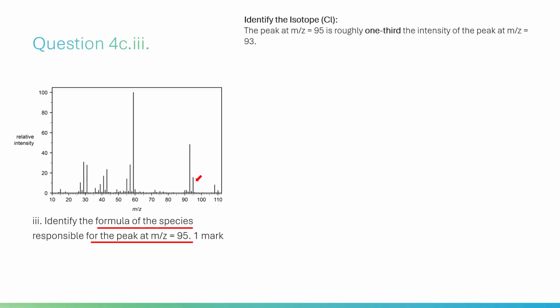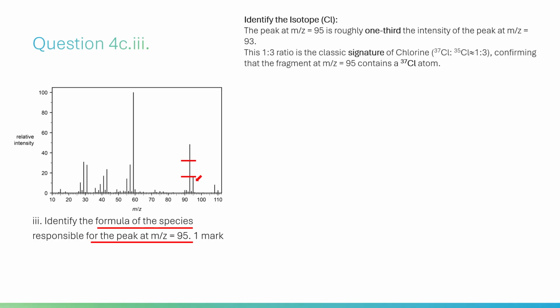The peak at m/z equals 95 is roughly 1/3 the intensity of the peak at m/z equals 93. This 1:3 ratio is the classic signature of chlorine, 37Cl to 35Cl, 1:3, confirming that the fragment at m/z equals 95 contains a 37Cl atom.